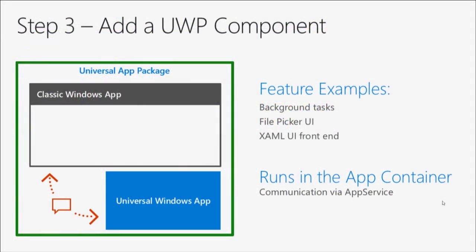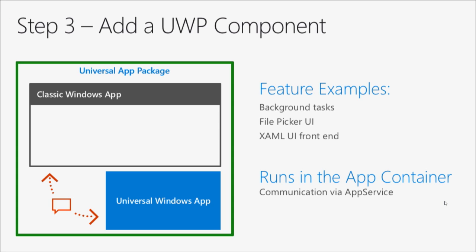An example that a lot of people run into the first time they start to do this is they say, hey, I have my desktop app, but I really want to implement the share contract, or I want to implement the file picker contract. And desktop apps just can't do that. But the moment that you convert it using Centennial, and now you're running as an app that's deployed through AppX and has identity, you can immediately start doing that.